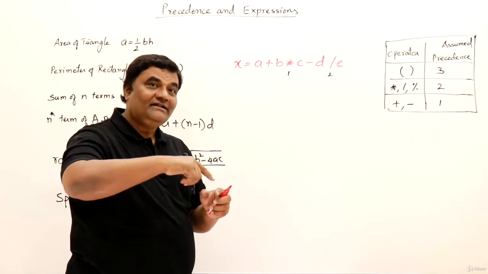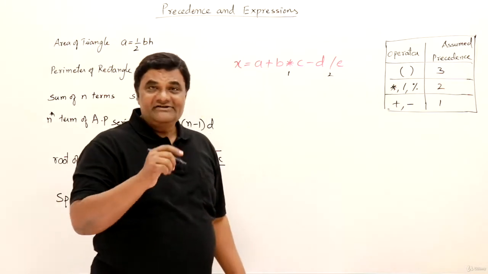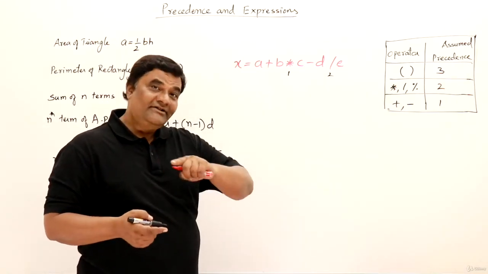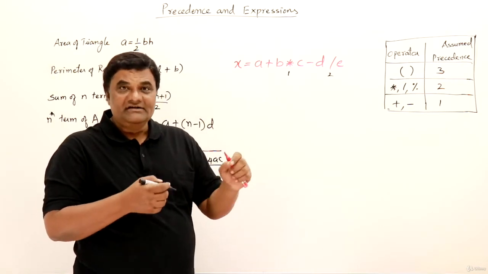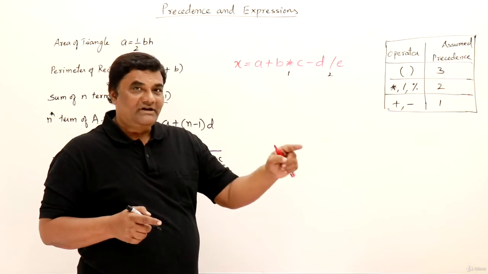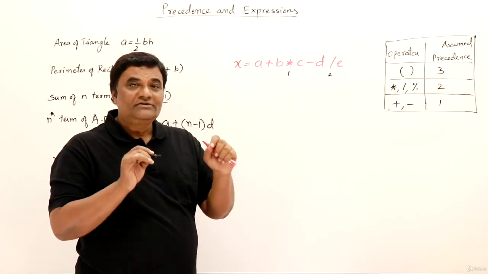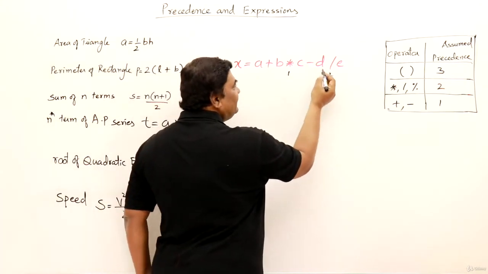After that, the lower precedence is for addition and subtraction. They get executed. We have both, so which one will get executed first? Again left to right. This left to right is actually called associativity. So the associativity is left to right. We will learn about associativity some other time. So first this one gets executed, then this one.